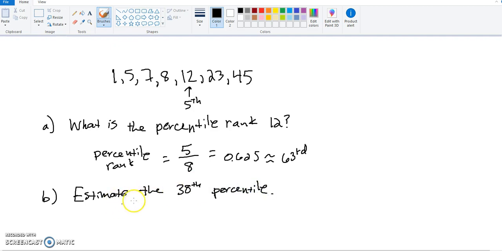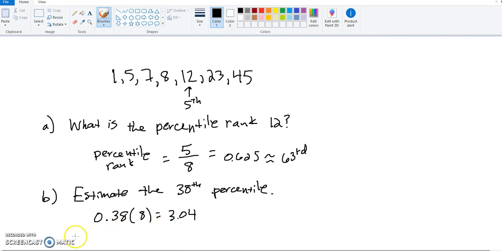What you would do here to figure out the percentile is think of 0.38 as a percentage, and multiply it by the number of elements we have. In general that would be n, but in this case n is equal to 8, so we multiply 0.38 by 8 and we get 3.04.